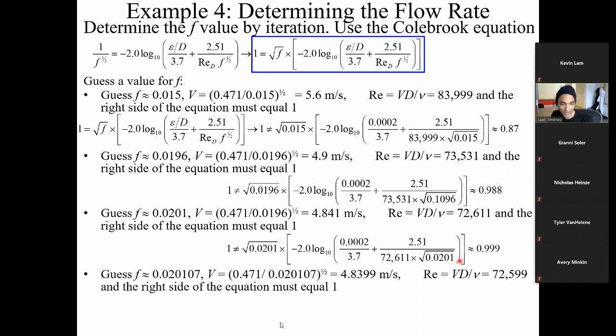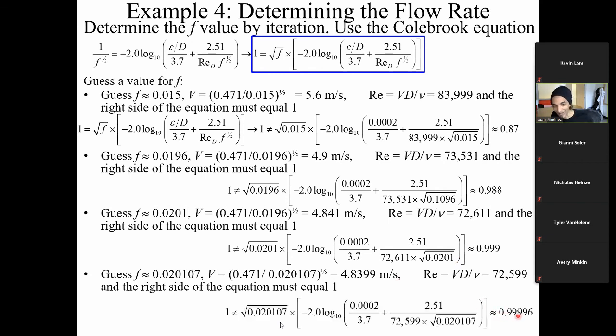And then we can do it once more, and you're at 0.99996. At this point, you're pretty much there. This is how you would do it. With the Colebrook, of course, you're going to get more exact values. With the Moody chart, it's not a linear plot, so you're trying to approximate it as much as you can. But this is how you would do it if you have to iterate.